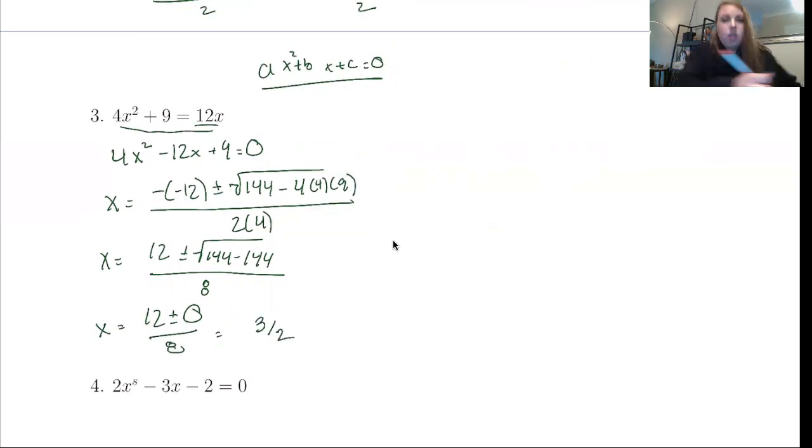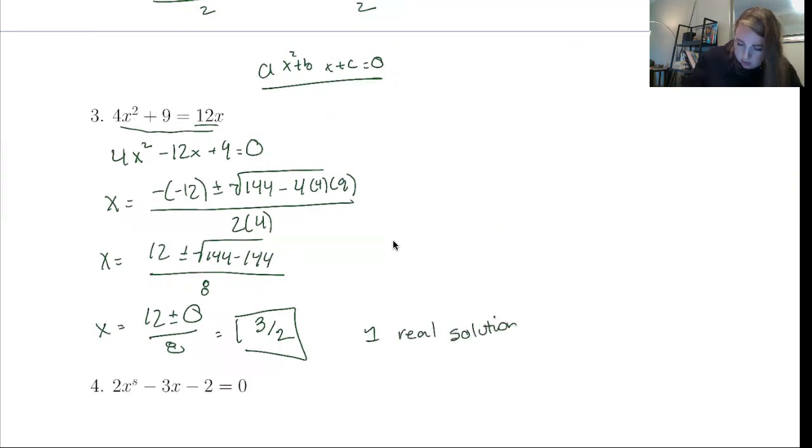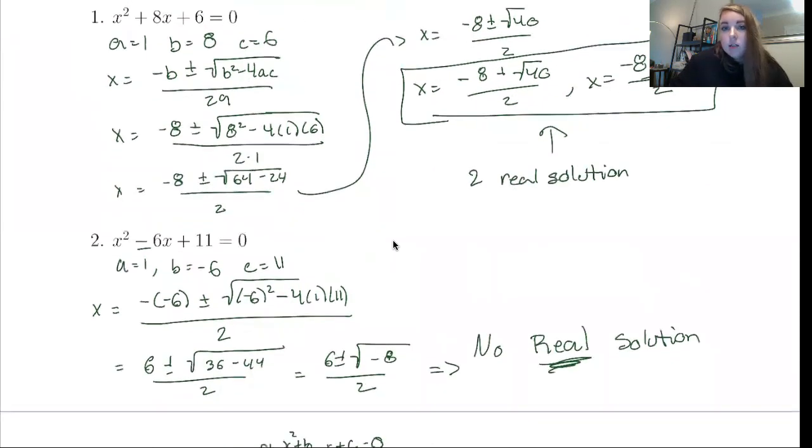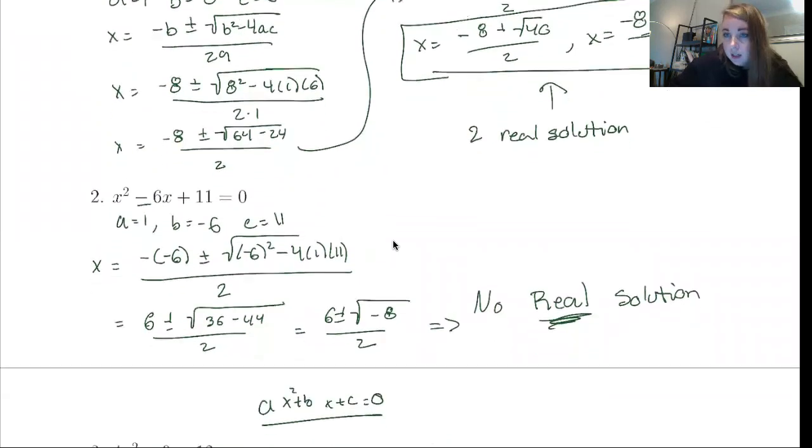Okay, so what have we seen so far? That was one real solution. Then no real solutions. And 2 real solutions. What looked like the common factor on the number of real solutions I had?